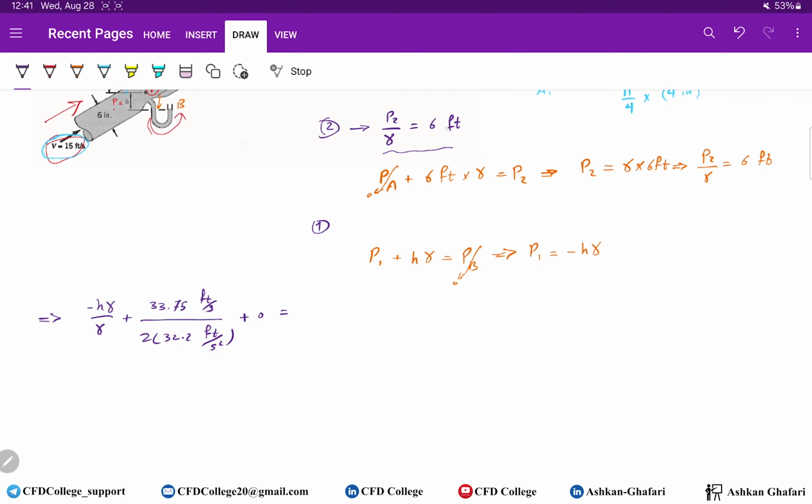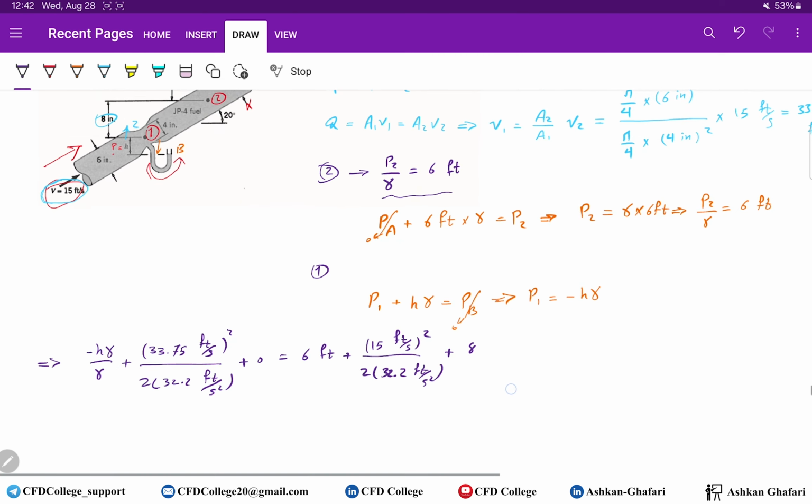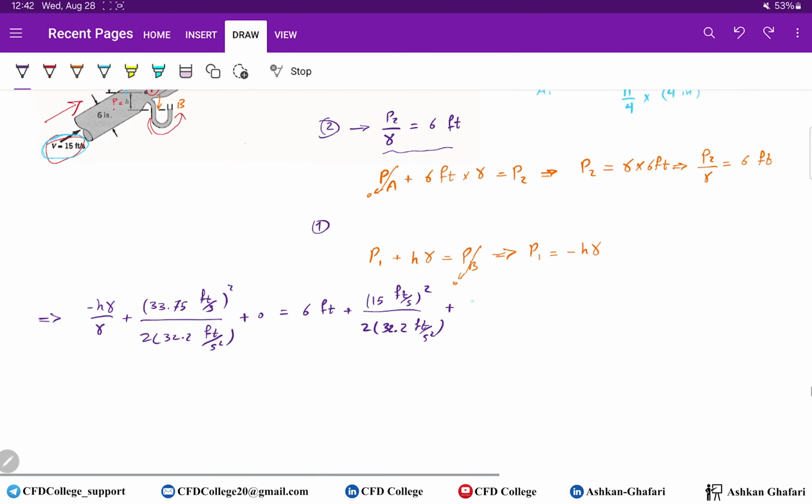P2 over gamma is 6 feet, plus V2, 15 feet per second squared, divided by 2g, 32.2 feet per second squared, plus Z2, which is 8 inches, so 8 over 12 feet. And from this equation you can find H, which is 7.53 feet.